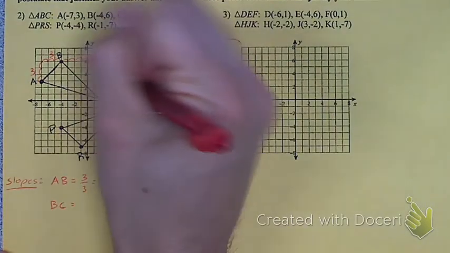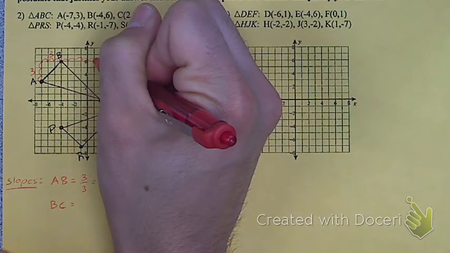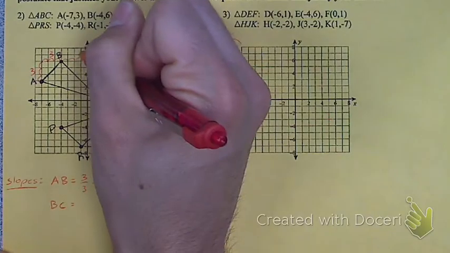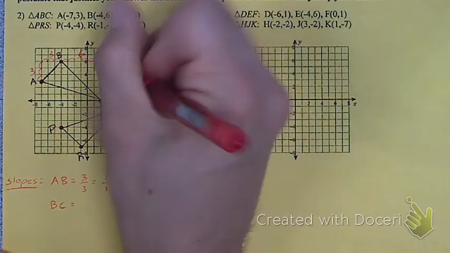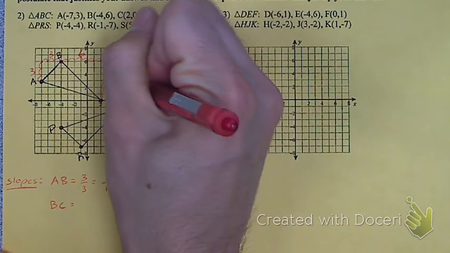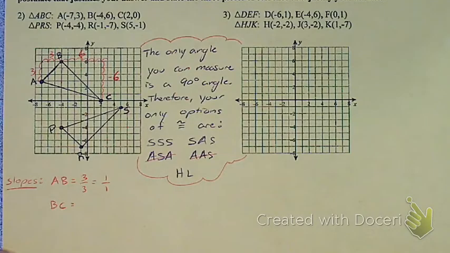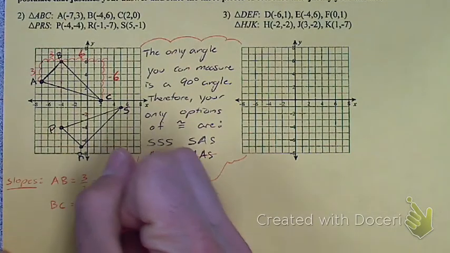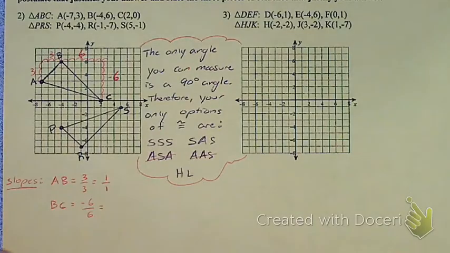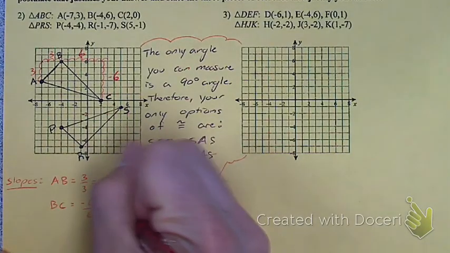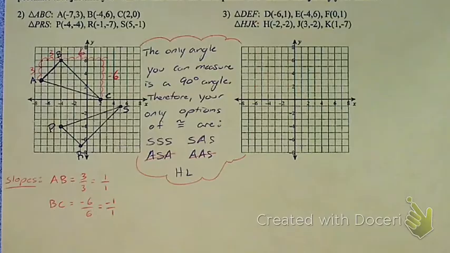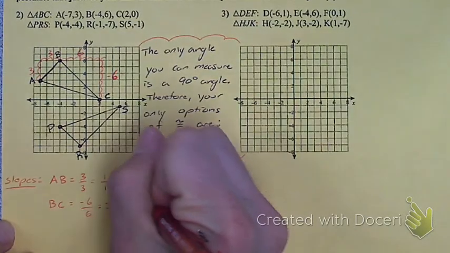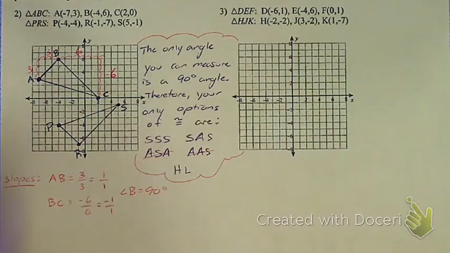What's my run? Six. And what's my rise? I'm going down now. -6. I'm going down. So BC will be a -6 over 6, which reduces to what? -1 over 1. Are they opposite reciprocals? Yes. What does that mean about angle B? Angle B is 90 degrees.